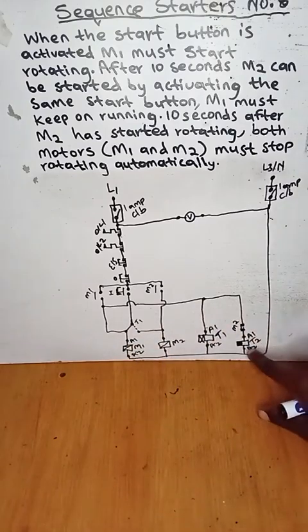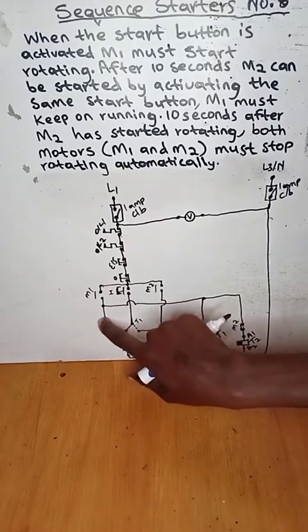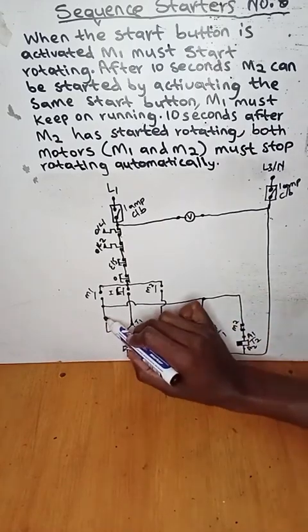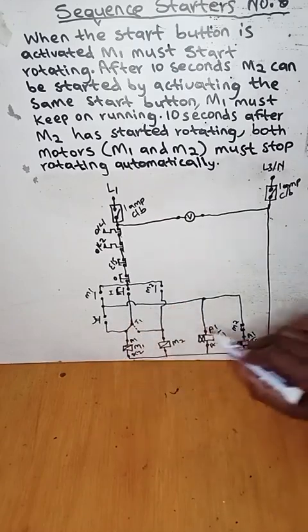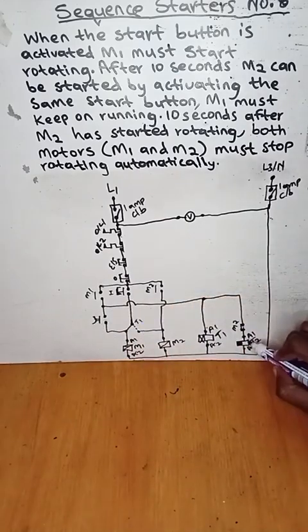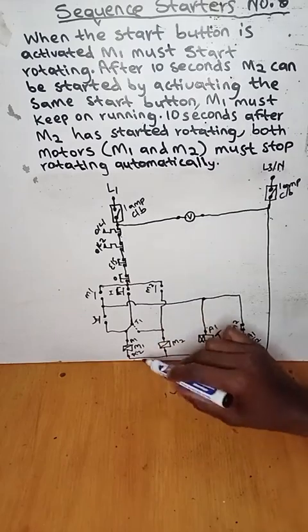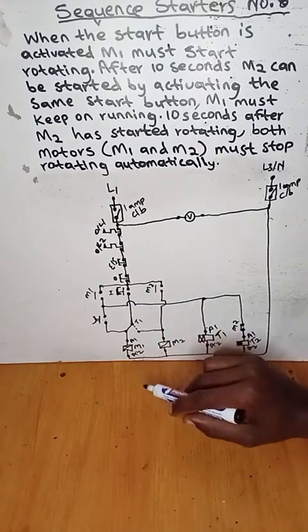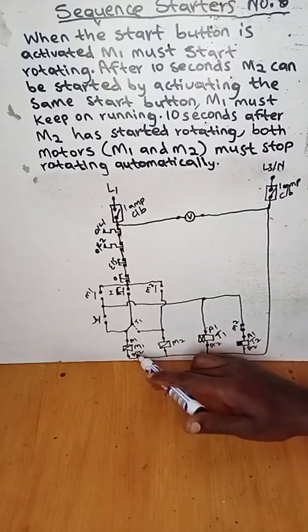Because the time the delay on timer gets energized, it will affect its contact at the same time, right? So we will insert it here, so that when it gets energized, it will affect its contact to be closed at the same time and energize motor 1, right? So that it can energize motor 1.